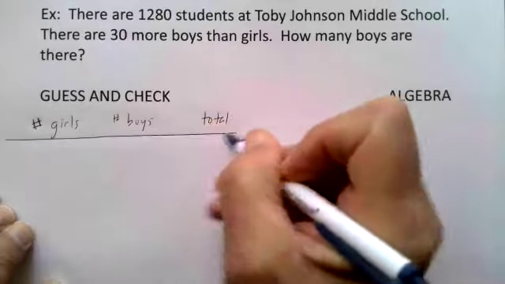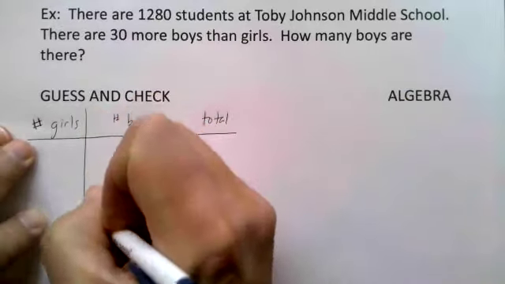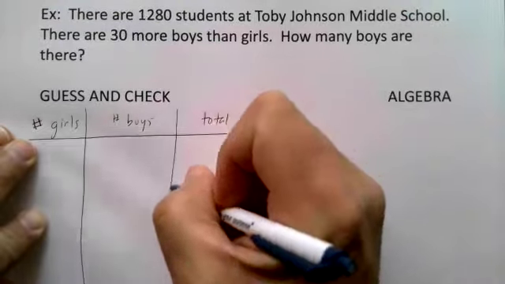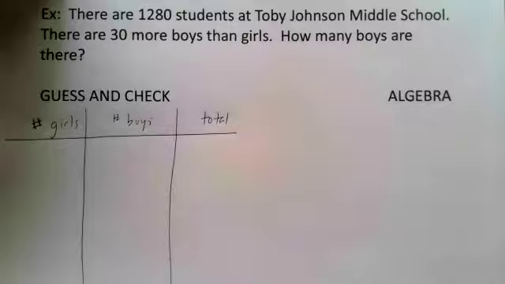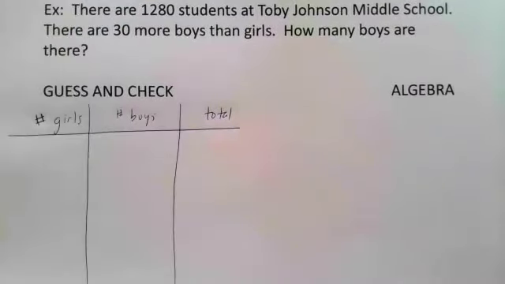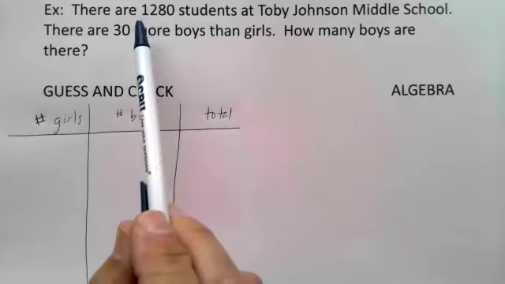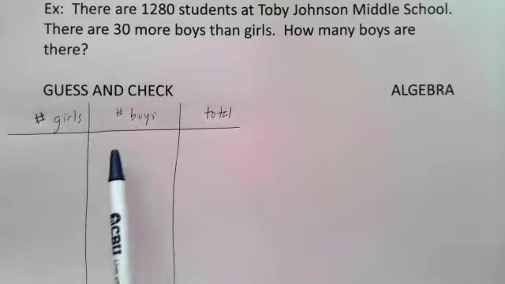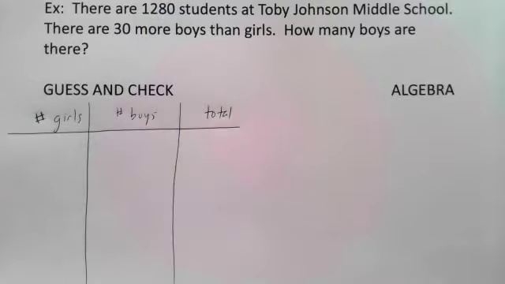It doesn't have to look exactly like this. I didn't have to put girls first, for example. But some sort of a chart where we can start guessing at answers and see if it makes these both true. Some sort of combination of girls and boys that would make both of these true.